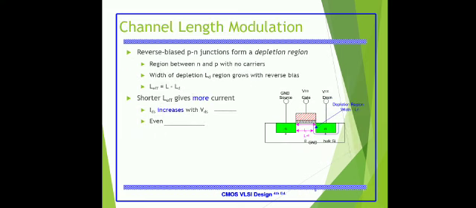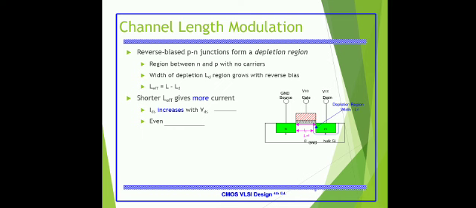And the next one is channel length modulation. Here the reverse biased PN junctions form the depletion region, a region between the N and P with no carriers, and the width of this depletion region grows with the reverse bias. So we write this equation L effective is equal to L minus LD, that is, when we have a shorter L effective, it gives more current.